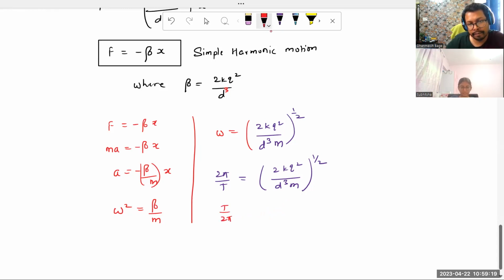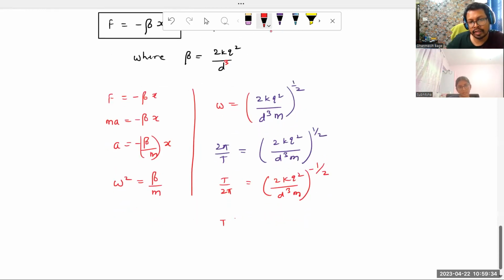T by 2 pi is equal to 2kq square d cube m minus half. So T is simply equal to 2 pi root over 2kq square d cube m.